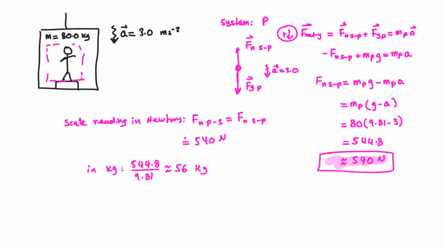And putting this in the calculator, this is actually about 70% of 80 kilograms, so about 30% weight reduction when you're accelerating at a rate of 3 meters per second squared going in this direction.